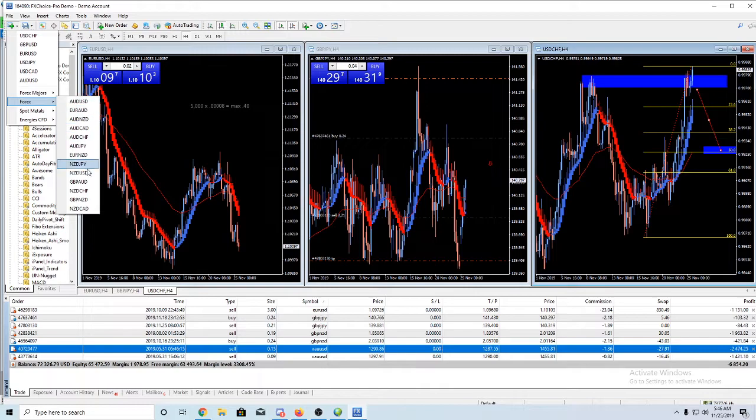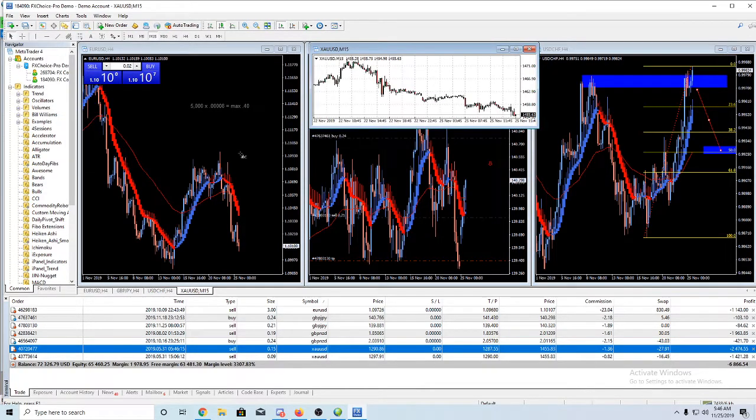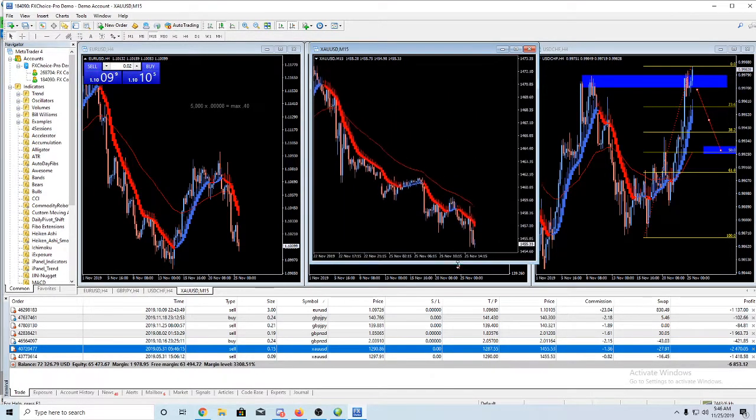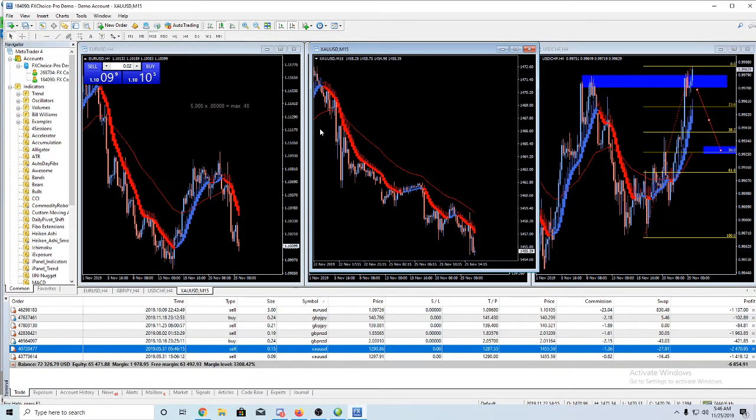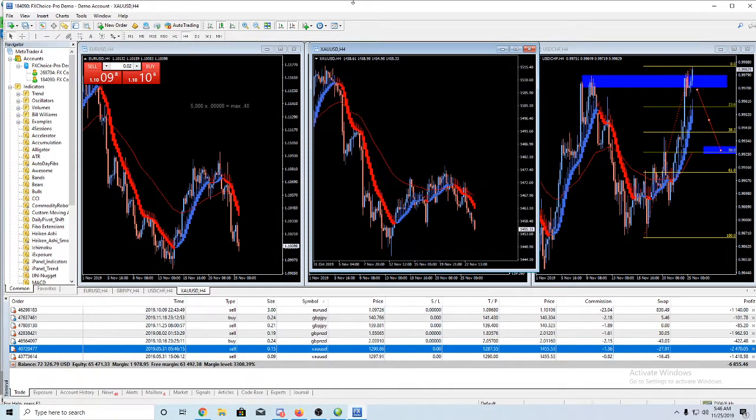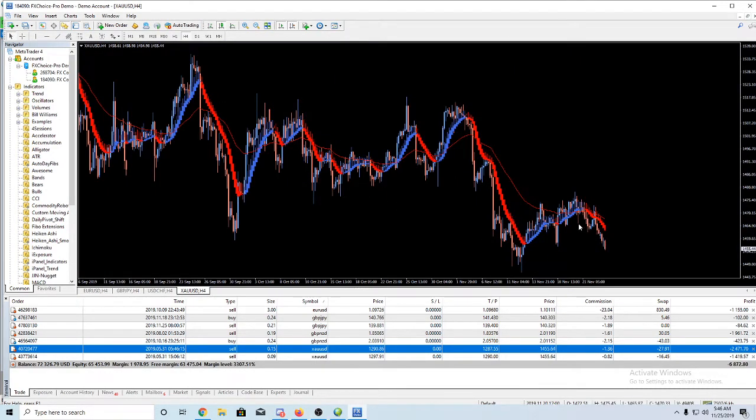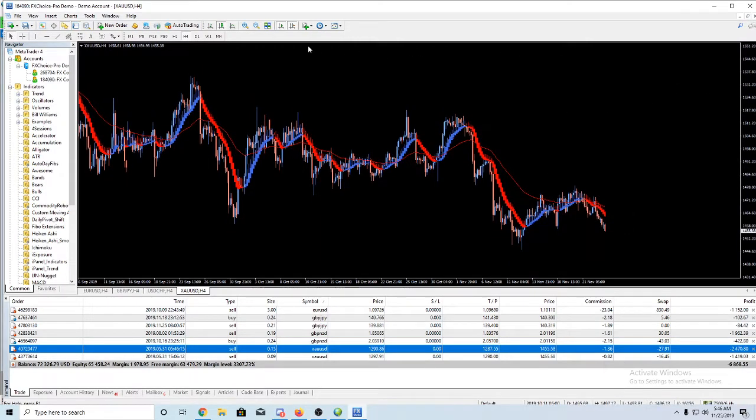Let's get some gold in here. Yeah, can you see why I'm bearish on this? Notice my Fibonacci return. Sorry that took so long, guys.